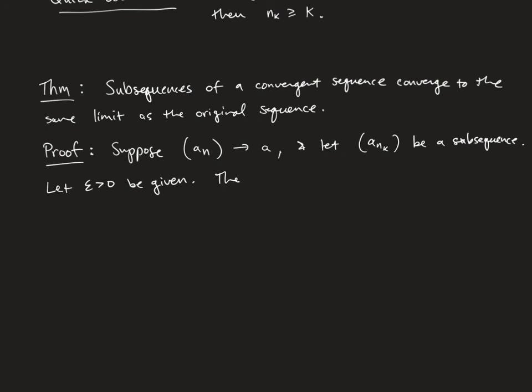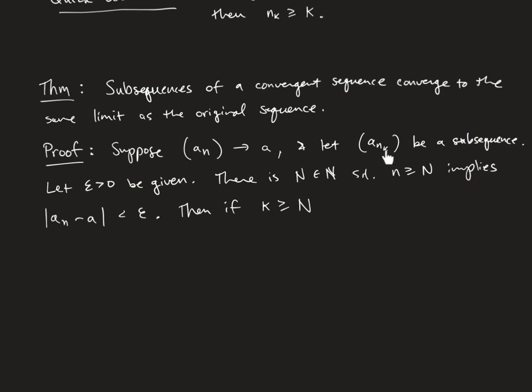So that's the basic idea. So then there is big N such that little n bigger than or equal to big N implies that a sub n is within epsilon of A. Then if k is bigger than or equal to big N, and so k is measuring the number of giant steps that we're taking in the subsequence, as long as we take at least as many giant steps as we had normal steps up here, then we should be even closer to the goal.